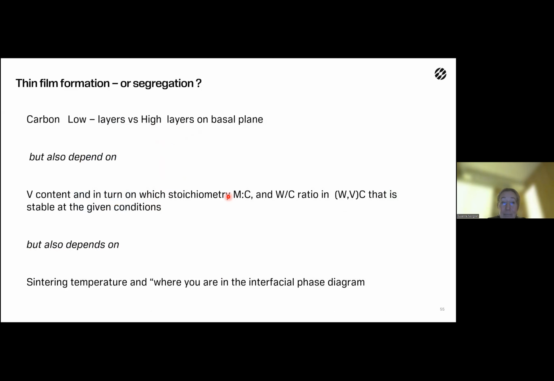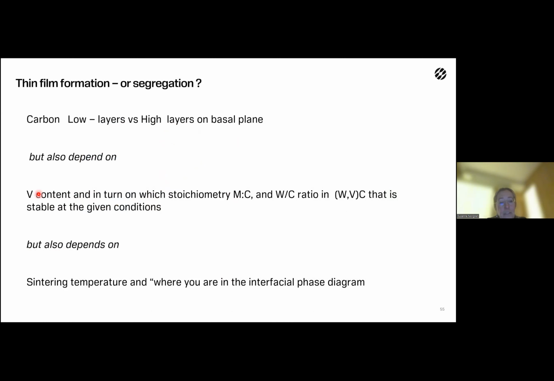So, thin film or segregation? Well, at low carbon we have layers, and at high carbon we probably only have the layers on the basal plane when it comes to vanadium.